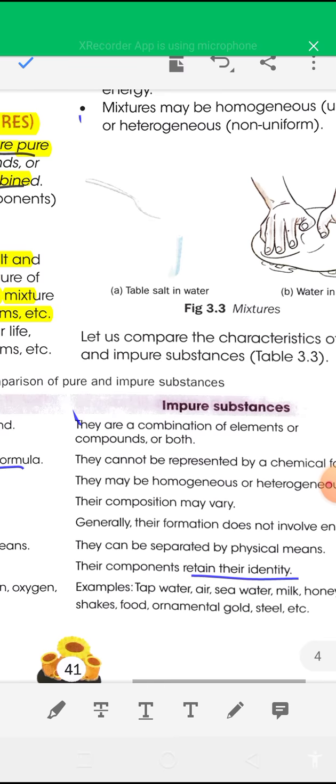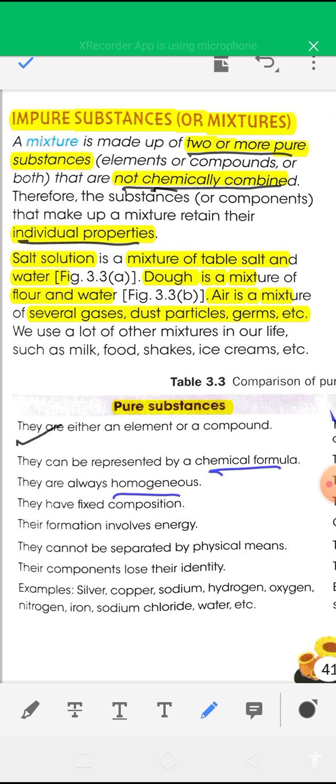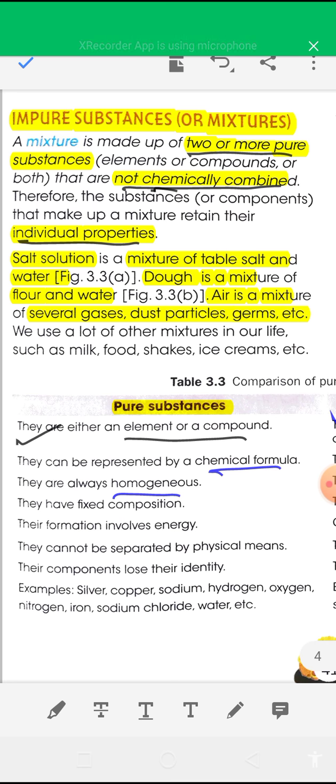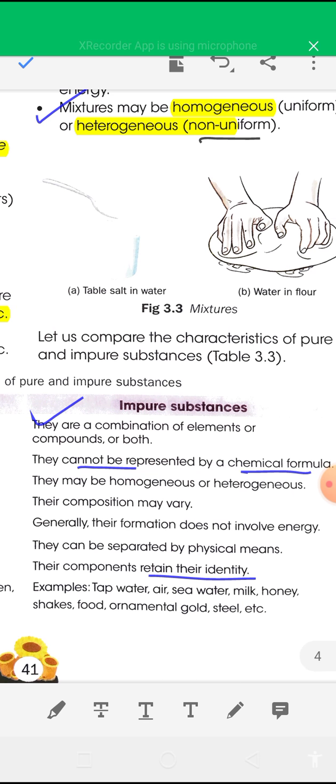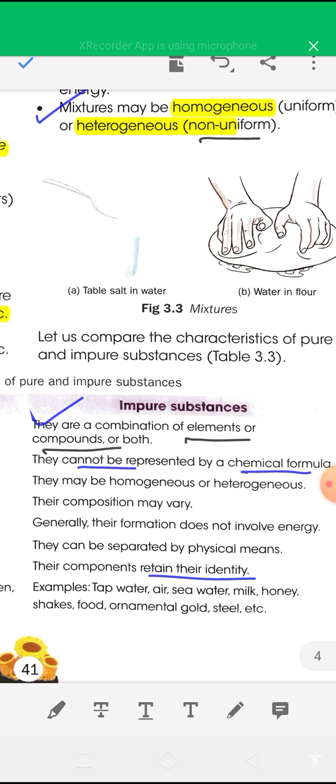Now see the difference between pure substances and impure substances. First, pure substances are either an element or a compound, but impure substances are a combination of elements and compounds, or both.